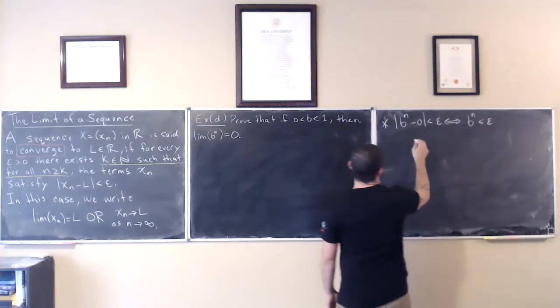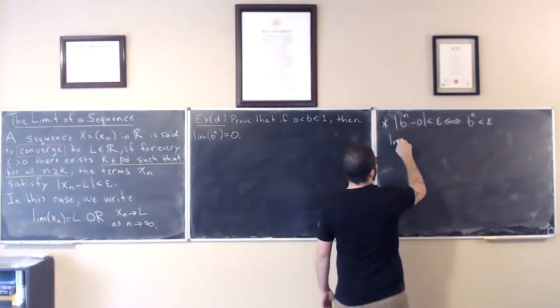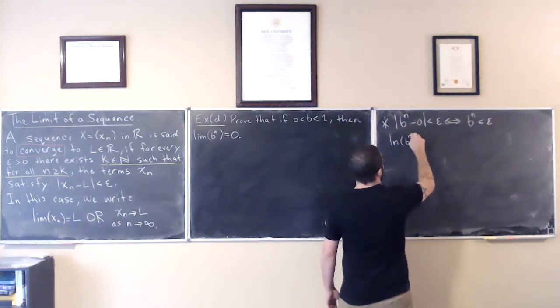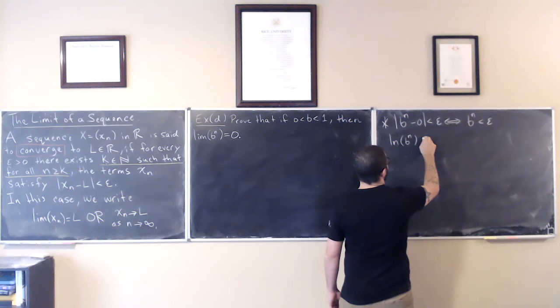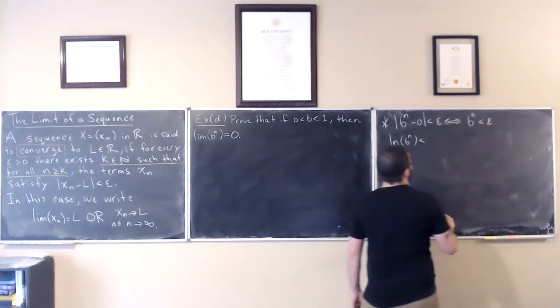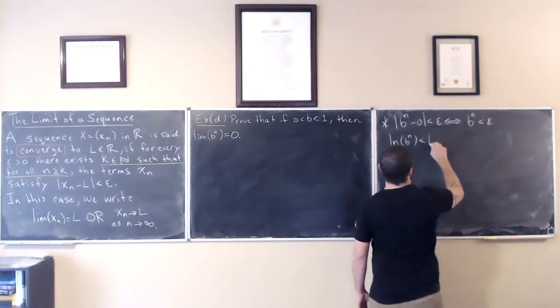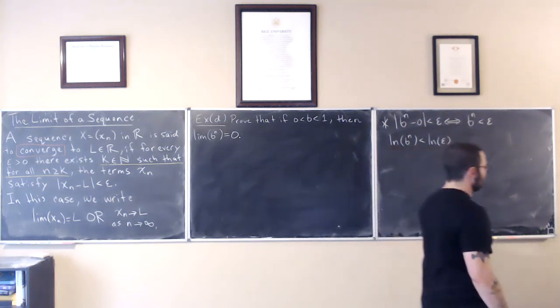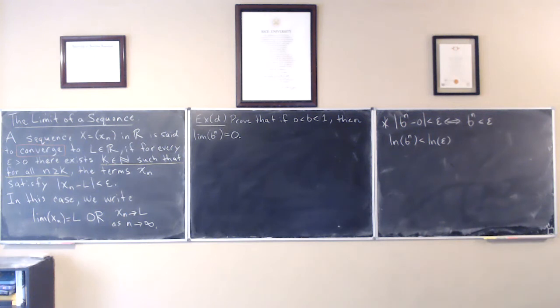So I can just say ln of b to the power n is less than ln of epsilon. That's one way to do it.